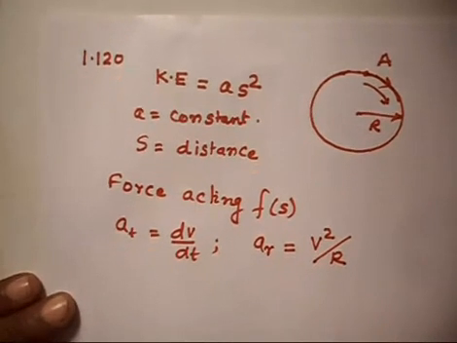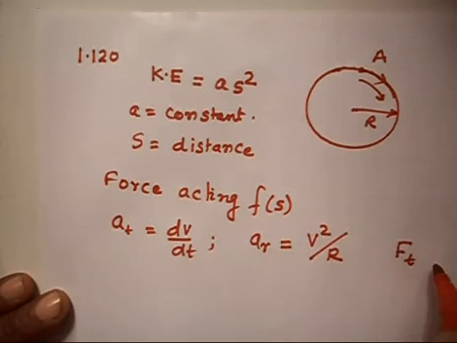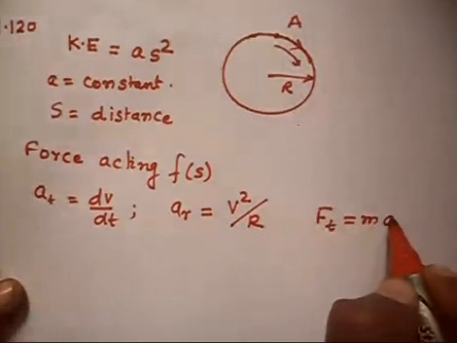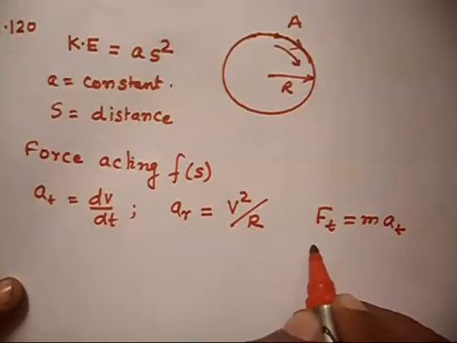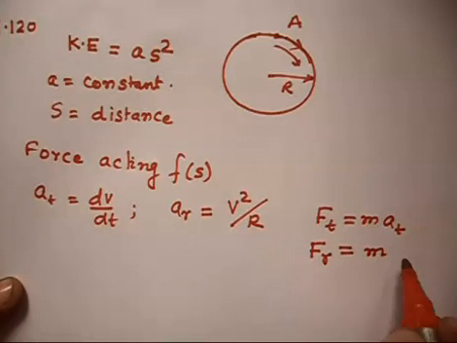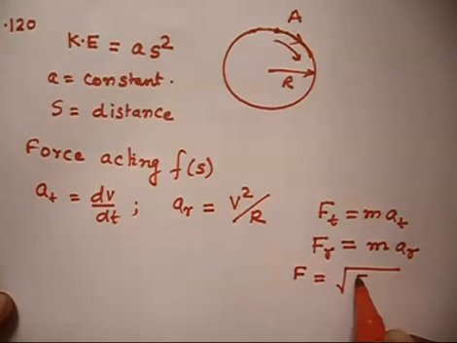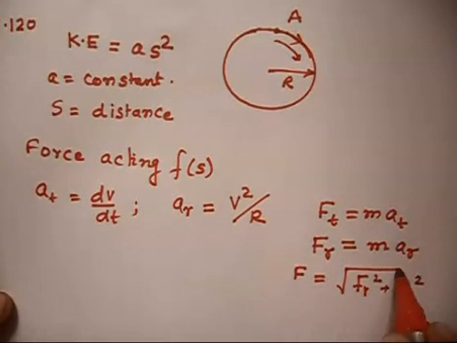If you know these, you can find the forces. Tangential force is mass into acceleration in the tangential direction, radial force is mass into acceleration in the radial direction, and the net force will be the square root of Fr square plus Ft square.